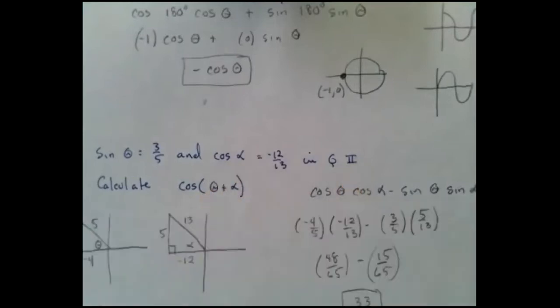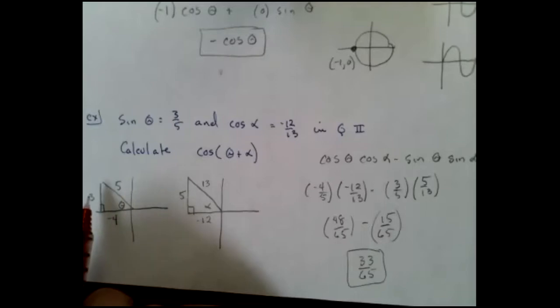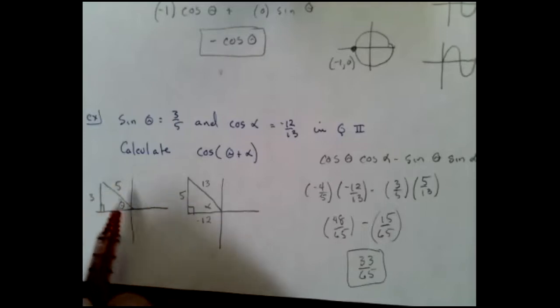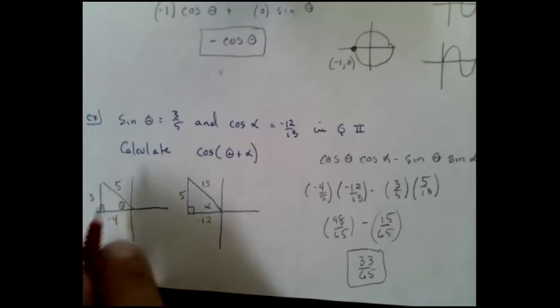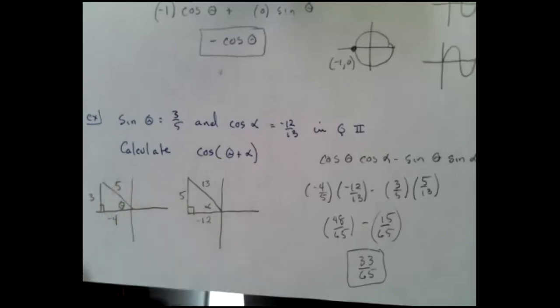Well, there's a little bit of a clue here when I say it's in quadrant 2, both of them. So first thing I needed to do was draw them. Theta is in quadrant 2. Its sine is 3/5. If I complete that triangle, this becomes a -4. 4 squared plus 3 squared is 5 squared.